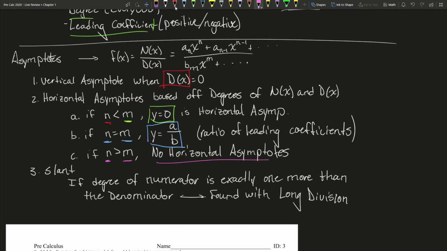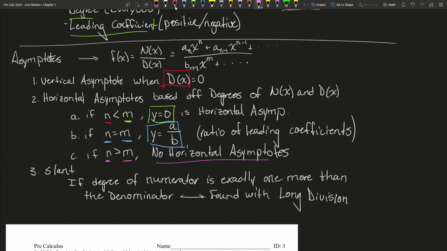These should all make sense if you really think about it. You can never have the denominator equal to 0, so that's when you're going to have a vertical asymptote. If the degree of the numerator is less than the degree of the denominator, when you divide out the denominator, nothing's going to be left on the numerator.